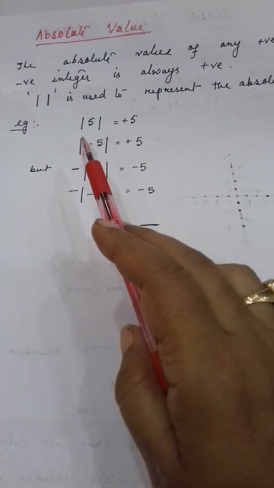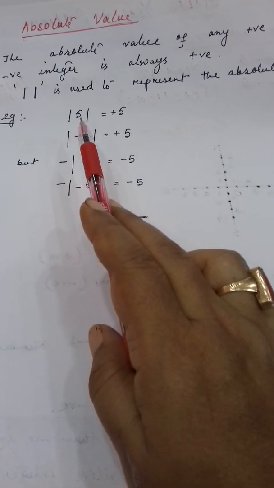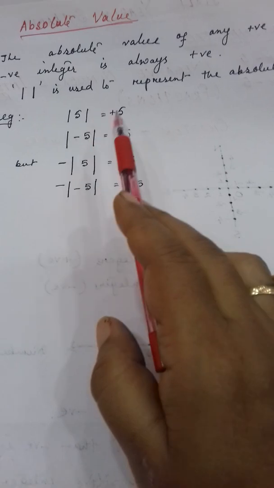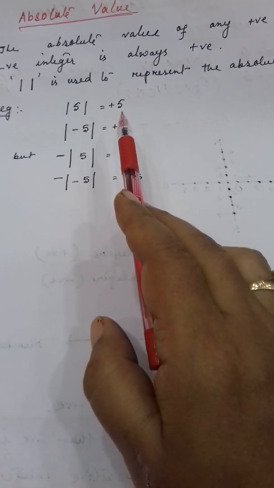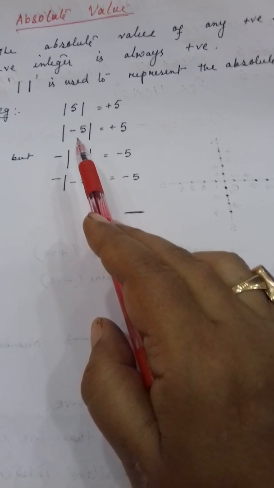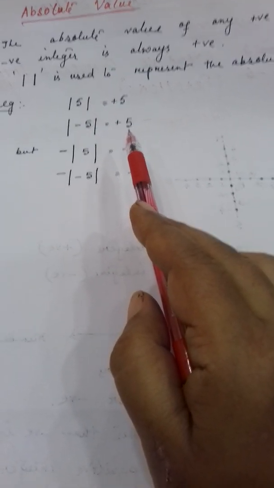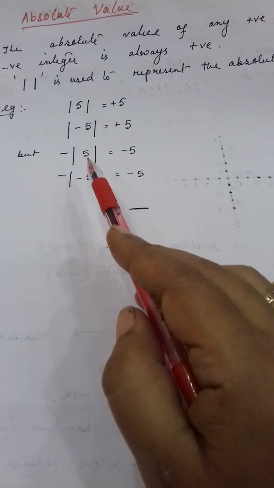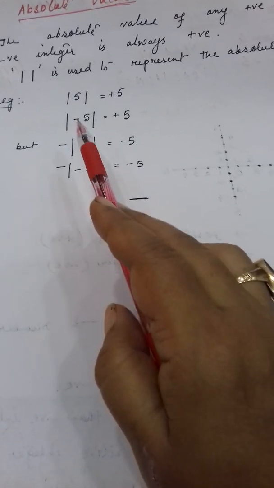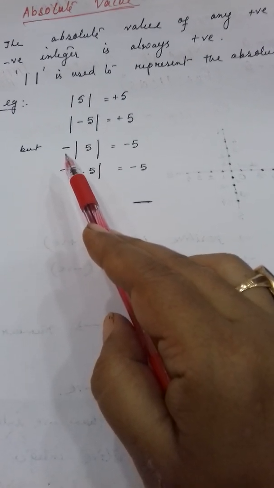Suppose in the example given, inside this modulus symbol, this +5 is a positive integer, so its absolute value will be +5. Suppose here it is -5, a negative integer, then also its value will be positive. Yes or no? But in some special cases, suppose this negative sign is outside of the modulus symbol.